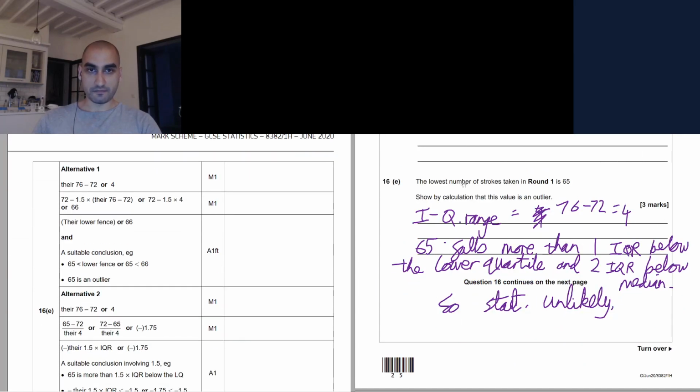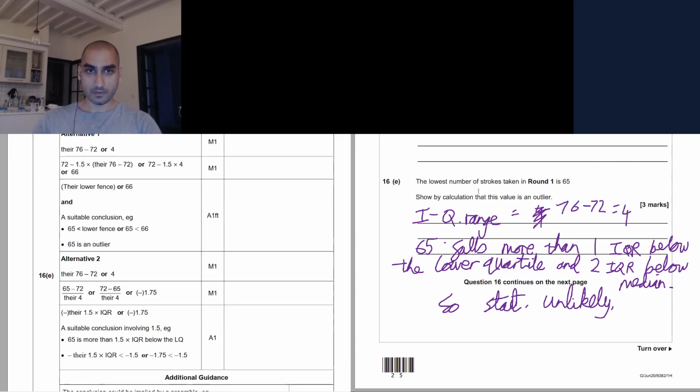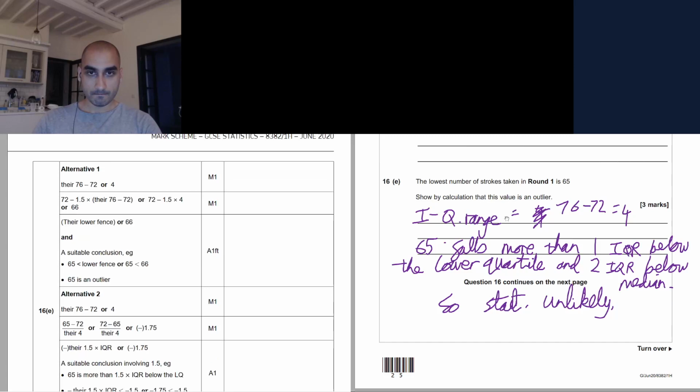Okay, so I got the range, which is 4, right? I'm glad I redid this question here. What is this? Minus 1.5 times there. Okay, that's the thing I don't know about.